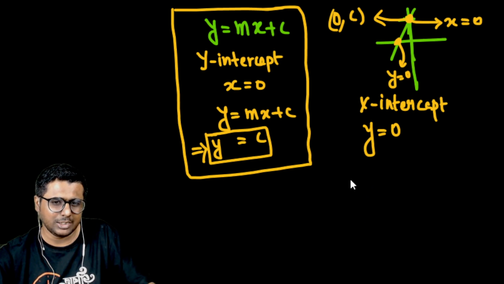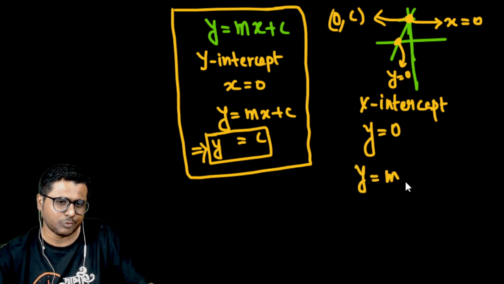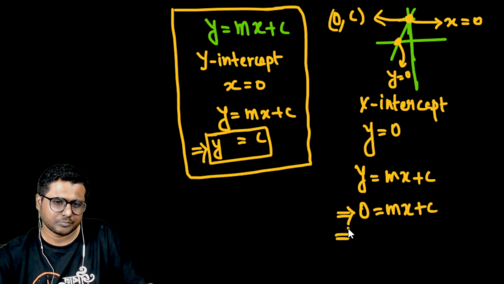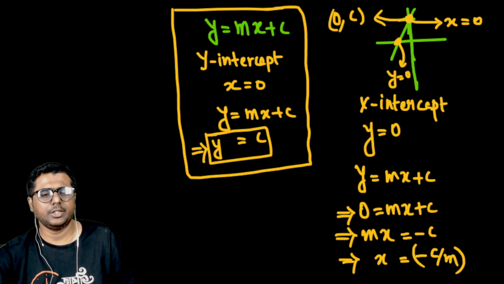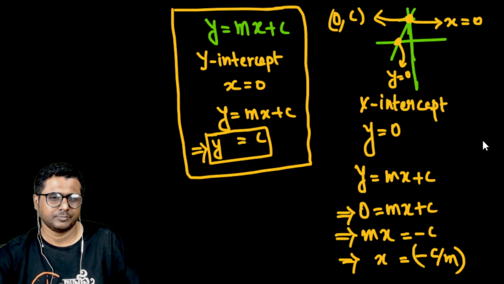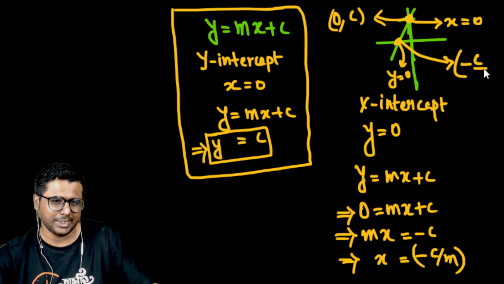So when y is equal to 0, let us put this in this equation. x is equal to minus c by m. So here, in place of x, it will come minus c by m comma 0.